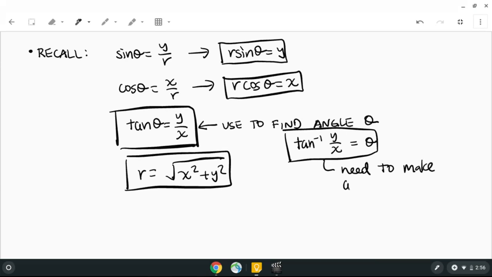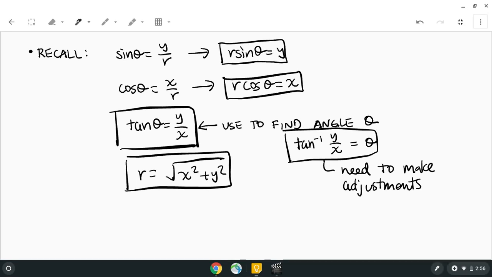Because remember, tangent inverse, your answers are going to be angles. And if you remember from inverse trig functions, tangent inverse is only going to give you positive angles that are in quadrant 1 and negative angles that are in quadrant 4. So if your angle is supposed to be in quadrant 2 or 3, then you're going to need to make adjustments.